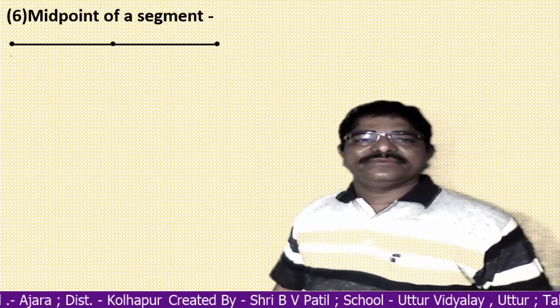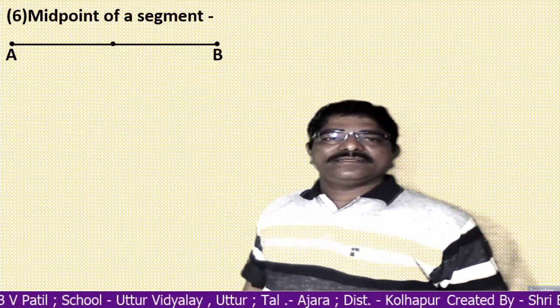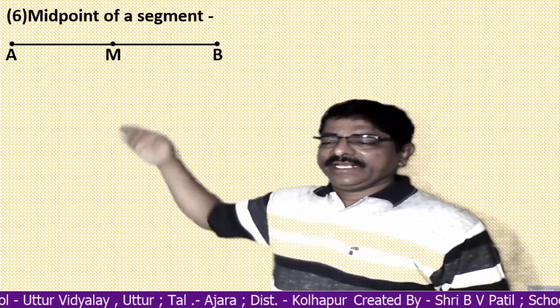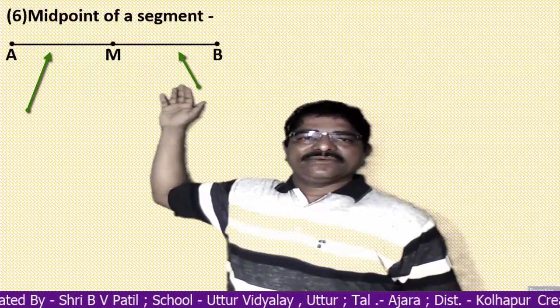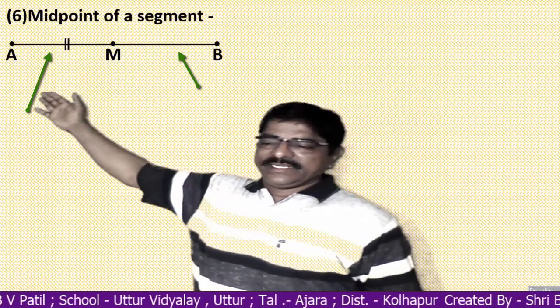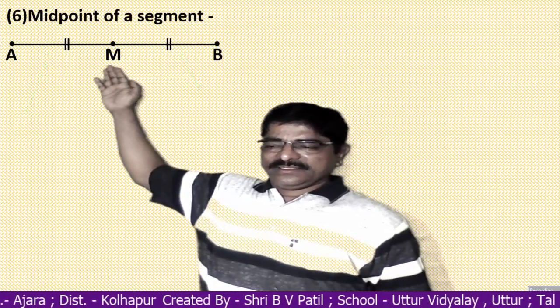Then midpoint of a segment. Here segment AB is given, and in the middle is point M. M is at equal distance from A and B. The distance from A and the distance from B are equal, means segment AM is congruent to segment MB, and M lies between A and B, then that point is called the midpoint.